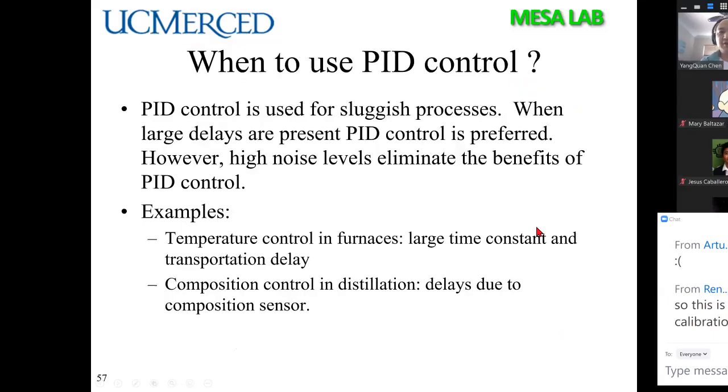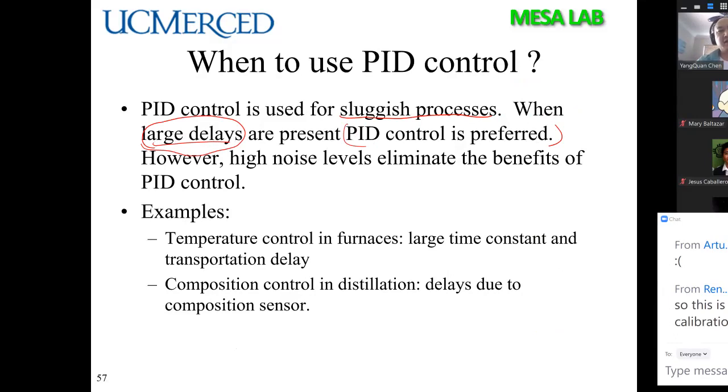So then when to use PID? If you have a system that is sluggish, I want to make it faster, and you have delays, then PID control is preferred. So we are going to attack this delay issue. Next, I'm going to tell you how to deal with the delay.